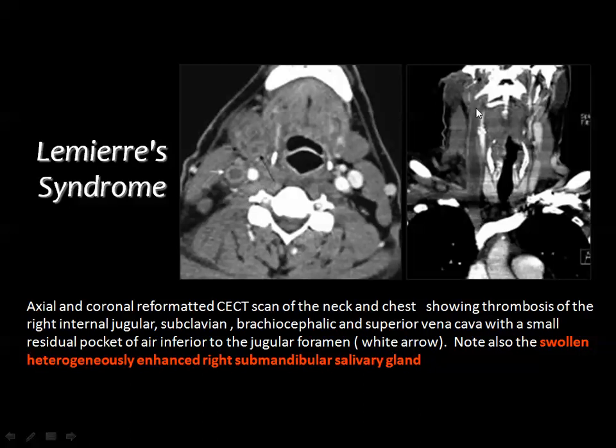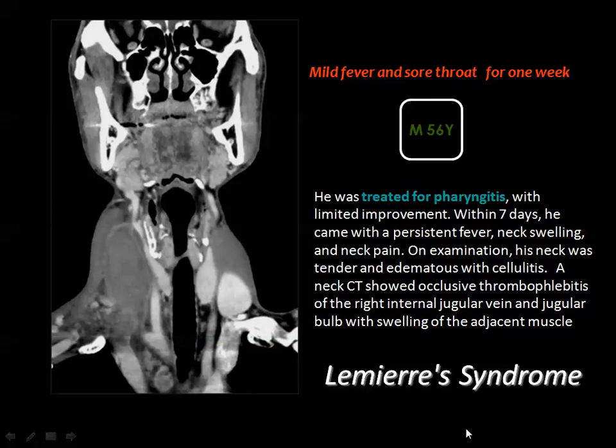In the coronal plane, you see that there is thrombosis of the internal jugular vein, and also you may appreciate that the right submandibular salivary gland is relatively swollen, heterogeneously enhanced, and there may be some inflammatory reaction in the surrounding fat planes compared to the normal submandibular salivary gland, which may be the cause of this septic thrombosis. Then this patient is presenting with mild fever and sore throat for 1 week.